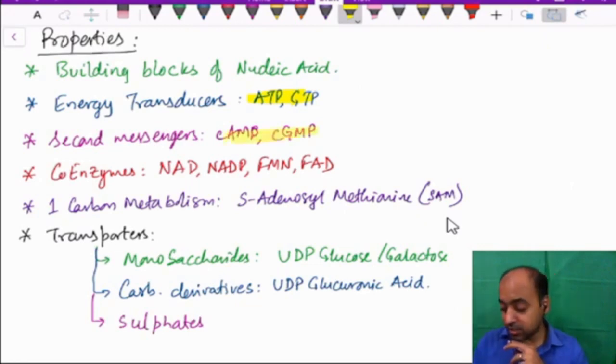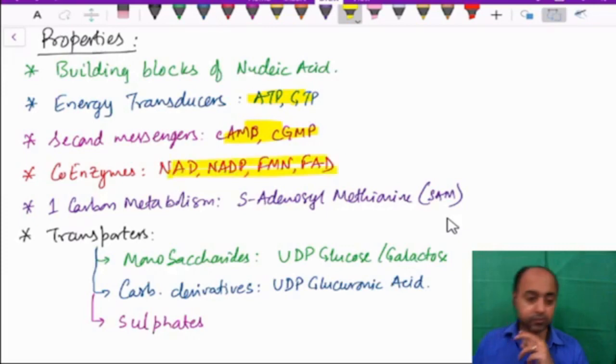The second messenger effect is required by the RBC. The coenzymes are utilized by the RBC. So even if the nucleic acid content is not there, still the nucleotides will be very important for the survival of a cell. Please keep this in mind. The nucleotides are not just the building blocks of nucleic acid. They have a large number of different vital physiological functions within the cell.